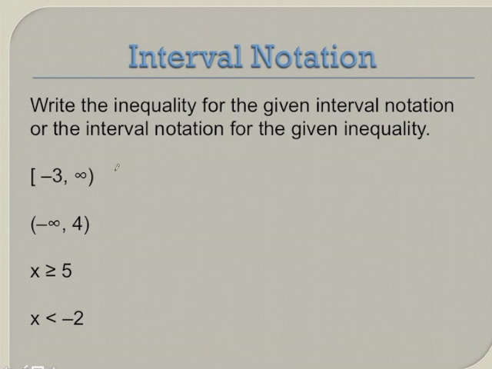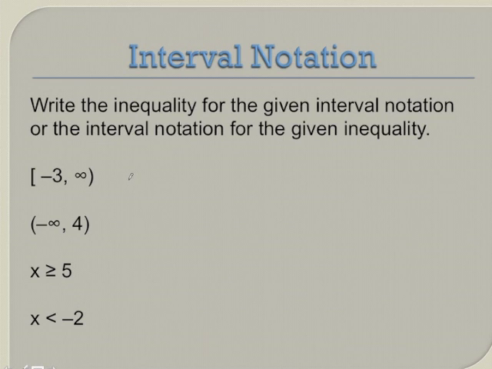These are written with interval notation, and we want to write them with interval notation or the inequality. So this one, we start at -3 and go on to infinity.